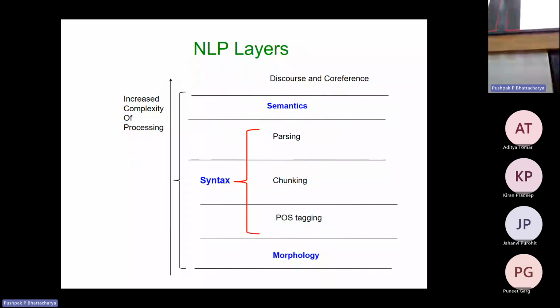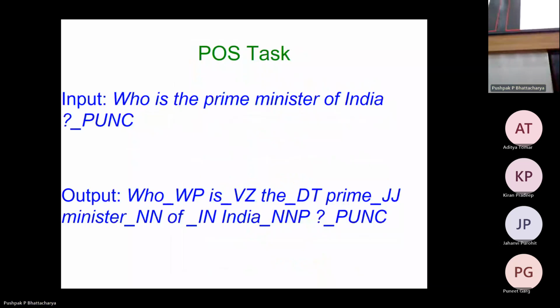But the scheme that we have seen for part-of-speech tagging, where the task is to produce a part-of-speech tag sequence, takes as input a raw sequence of words: who is the Prime Minister of India. Then the output is who_WP, WP is a relative pronoun. is_VZ, VZ is auxiliary verb.